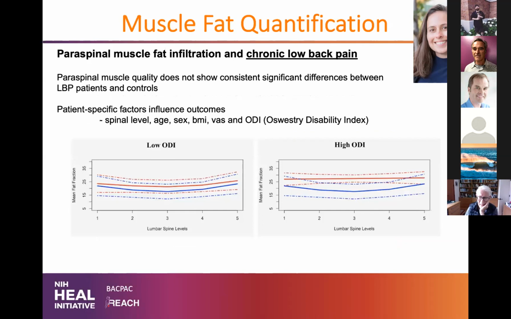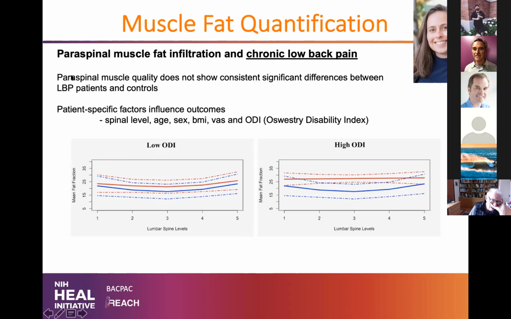So then in terms of chronic low back pain, we have a great data set from one of Jeff's grants, which just ended a year or two ago. It has subjects with low back pain, and we have these Dixon images and other advanced images. Genie used that database and looked at some of these Dixon images.